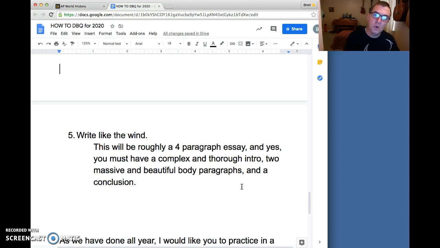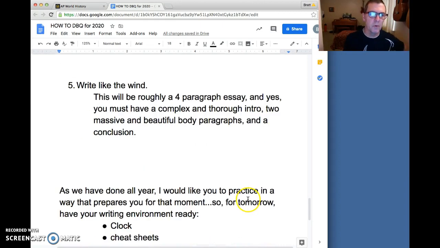So you're doing your sourcing, you're describing in detail what's in those sources, and then you're using those sources to argue for you with some beautiful writing. You guys are such great writers. That is absolutely going to help you on this. And then a conclusion where you bring it all together. So you're bringing in context, you're bringing in evidence, you're describing the sources. In 45 minutes with only 5 sources, you absolutely can do this. This is your forte. This is what you were built for this year.